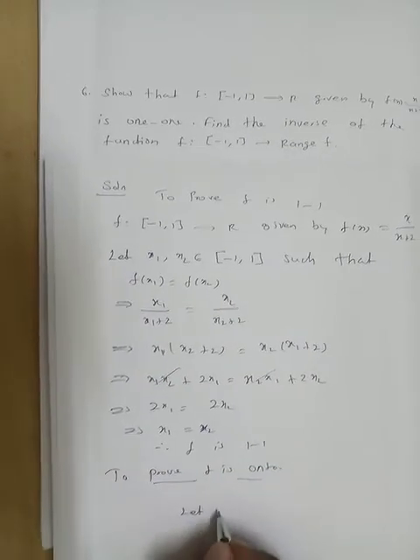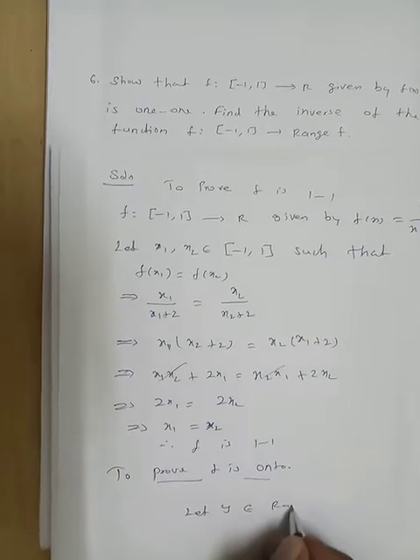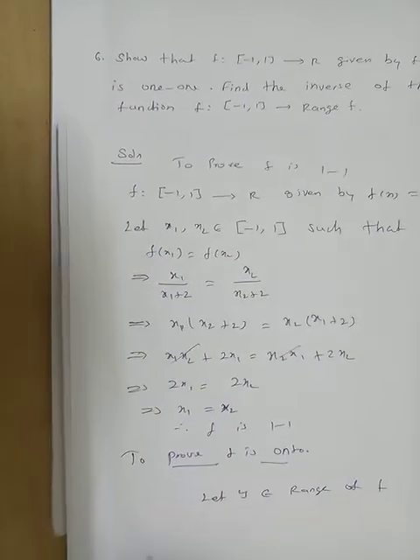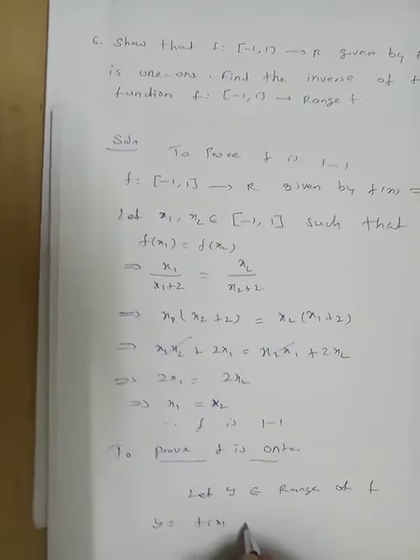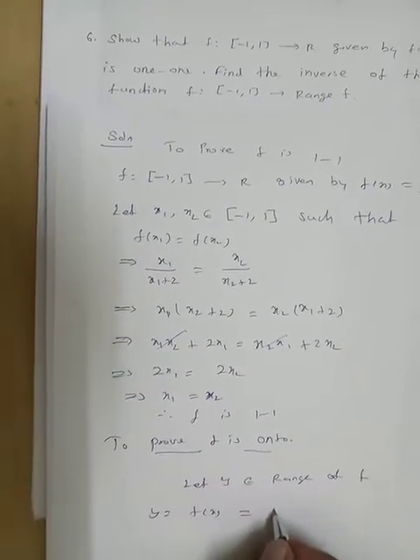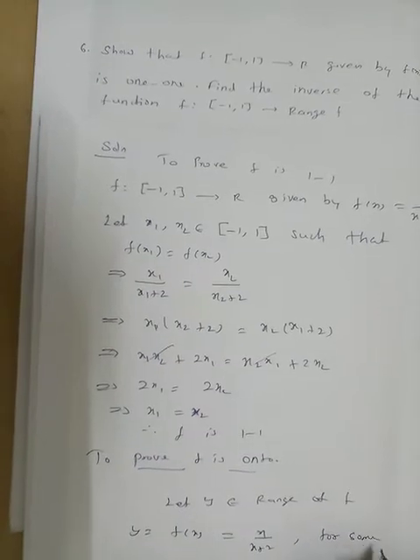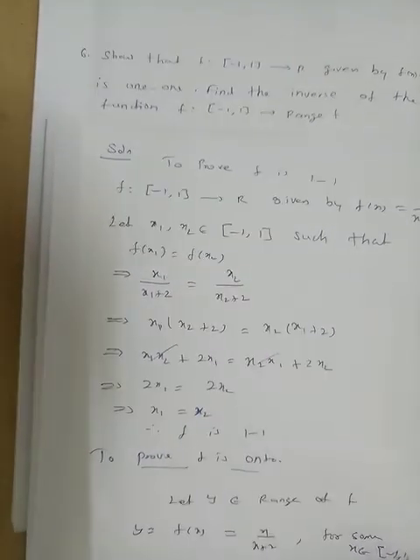let y belong to the range of f. So y equal to f of x, this is equal to x by x plus 2 for some x belonging to the closed interval minus 1 comma 1.